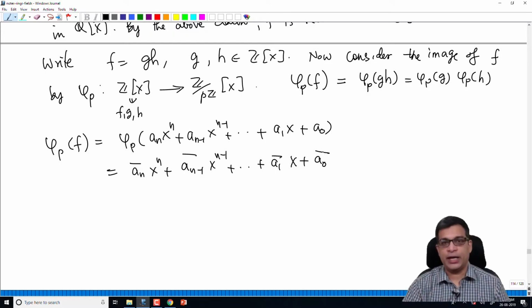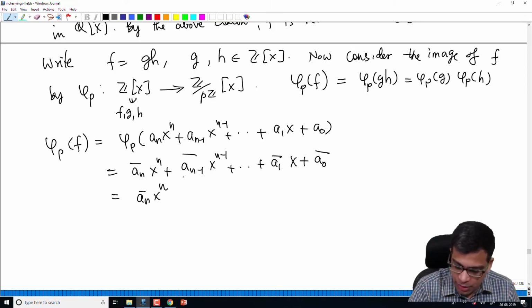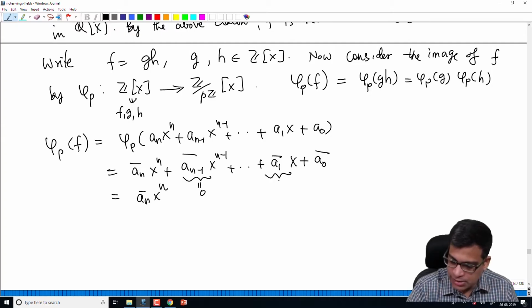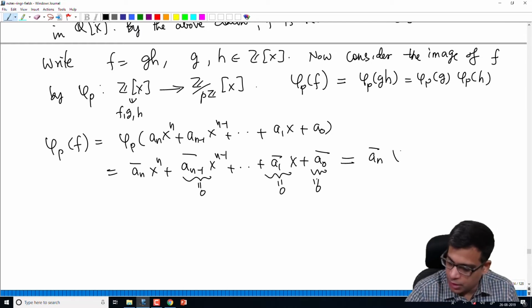This is what phi p does. Phi p takes a polynomial and simply changes the coefficients, it does not change x. But remember, this is 0, this is 0, this is 0. So this is nothing but a_n bar x^n.